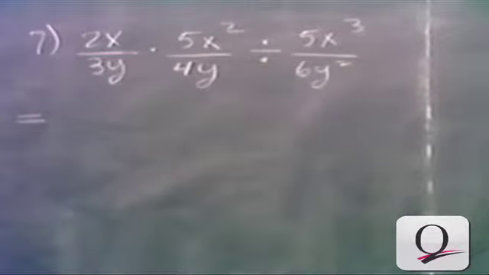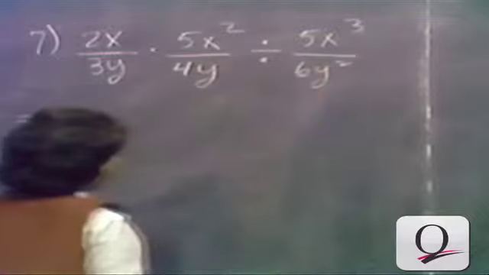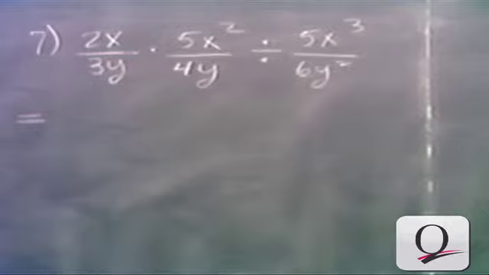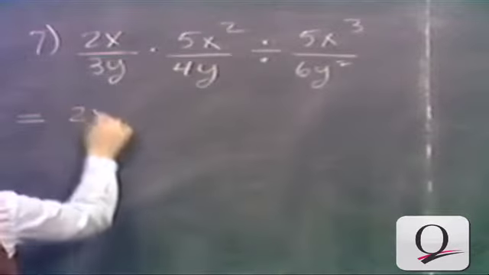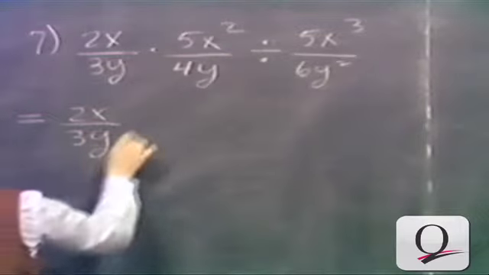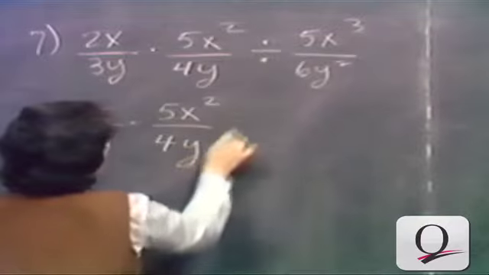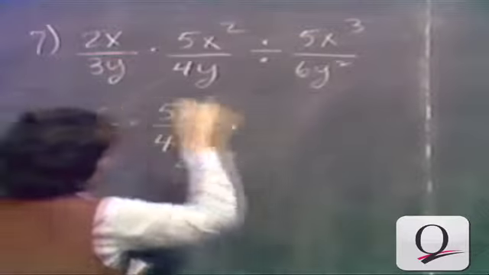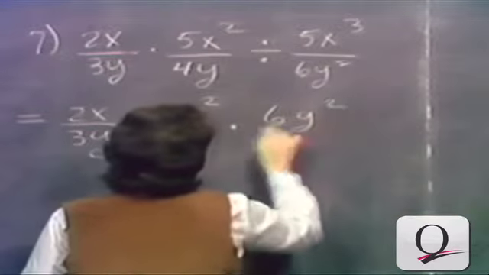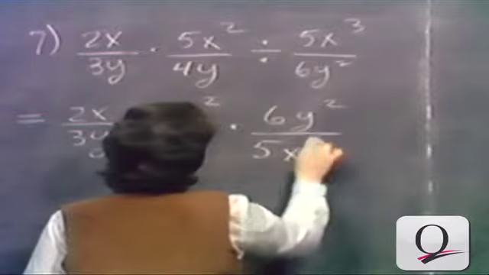Okay. This is straight multiplication. It's the last one that's division, and we'll invert and multiply for that. So 2x over 3y we leave alone. 5x squared over 4y times, inverting and multiplying, 6y squared over 5x cubed.